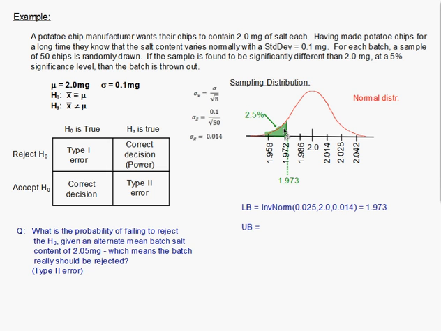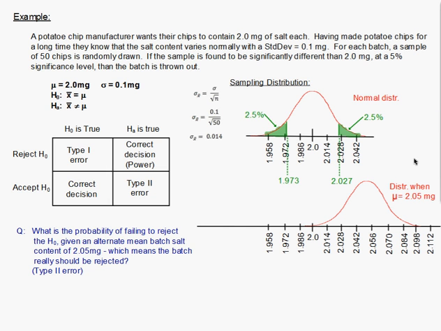There's our 2.5%. And of course, it's symmetric, which means our upper bound is 2.027. All right, we have our alternate hypothesis now.